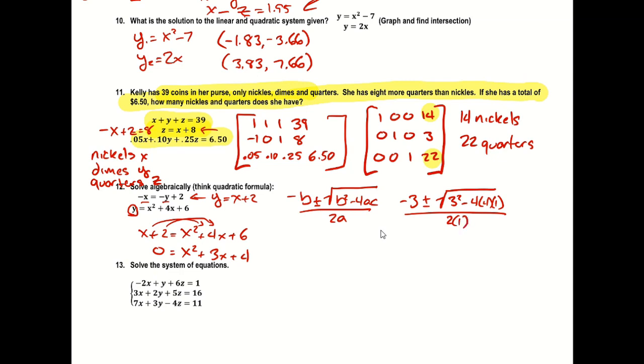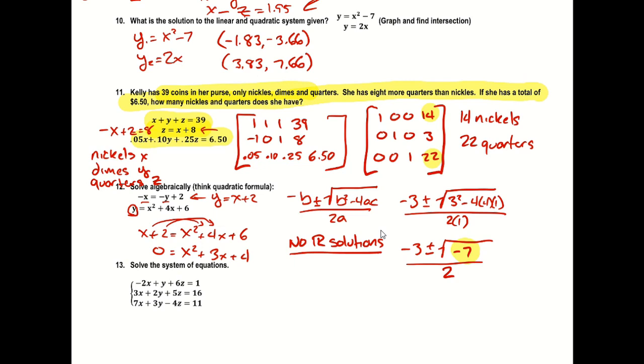When we simplify this, we have negative 3 plus or minus the square root of negative 7 over 2. Now, negative 7 under the root tells us no real solutions. And we are done.